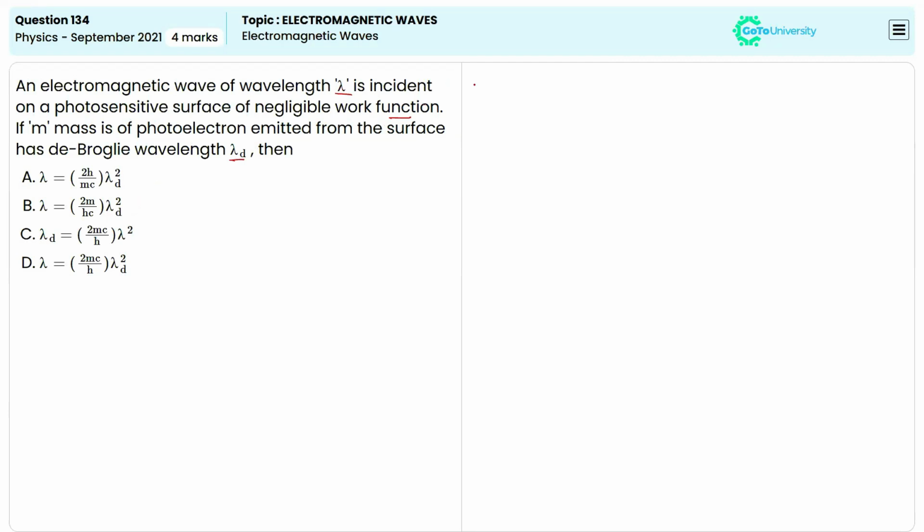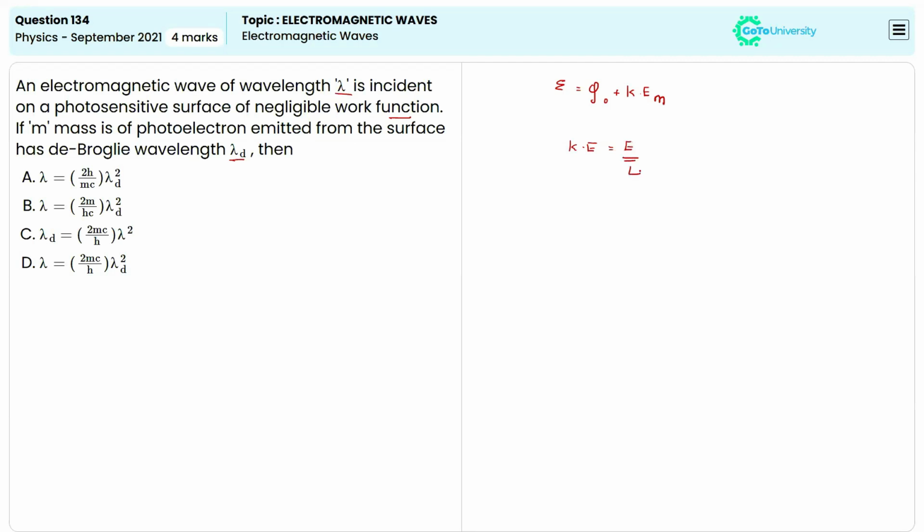So here it's known that the energy of a photon is equal to the work function phi naught plus the maximum kinetic energy. Here we can neglect the work function, so the value of kinetic energy will be equal to the energy.